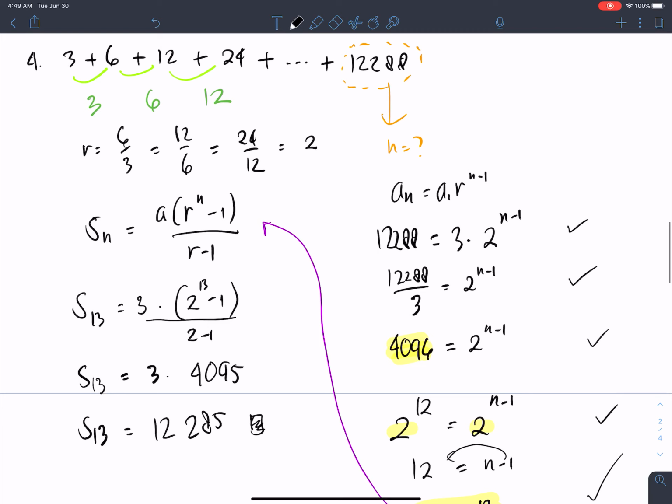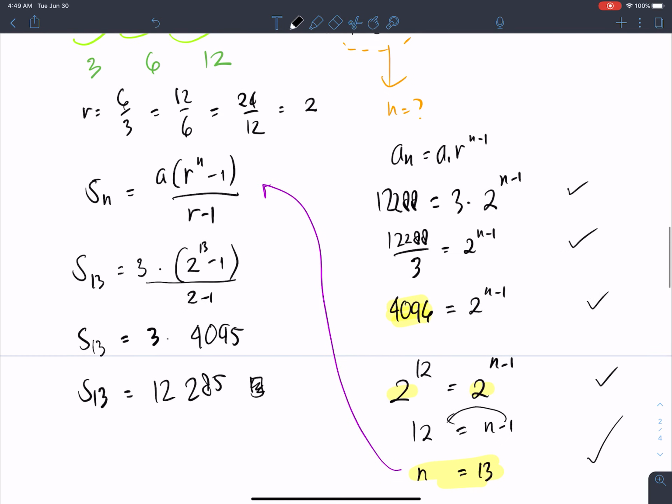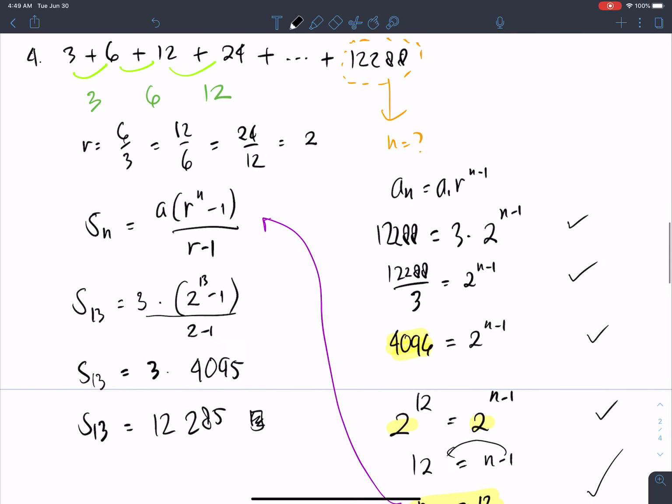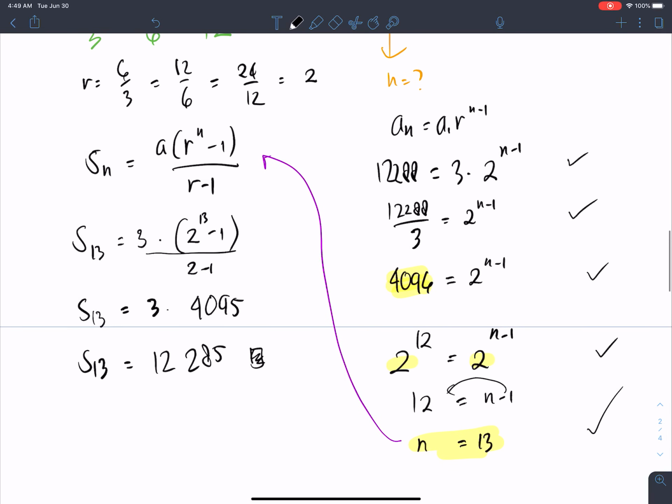Alright, so we get 13th. Then over here, okay, I know where the mistake is. It is 2 to the power of 13, not 12. 2 to the power of 13 I have, so hold on, it's not 4096. 4096 is 2 to the power of 12.